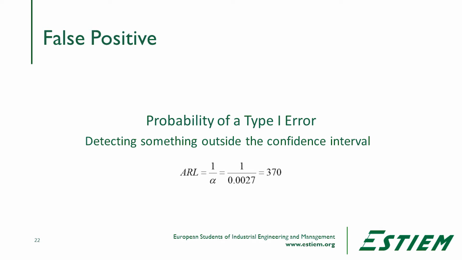And we see that this average run length, this is called, it's 1 over alpha. And if we take a look at this, if we have an X bar R chart, alpha is 0.0027. So 1 over 0.0027 means 1 out of every 370 observations, we would get this out of control condition, when in reality the process is not out of control.